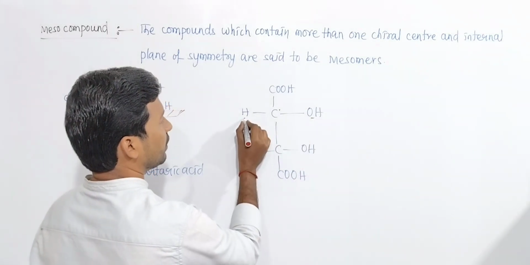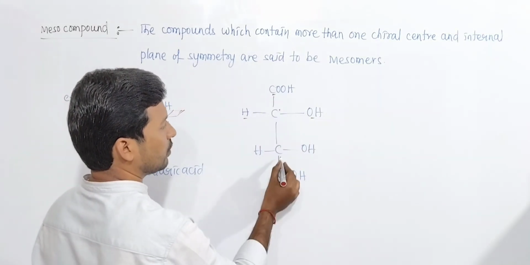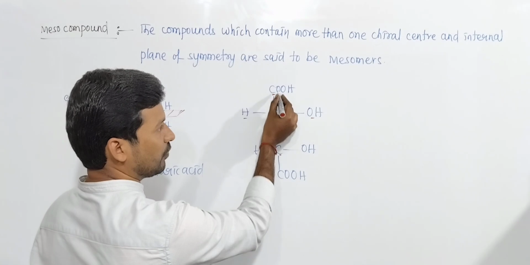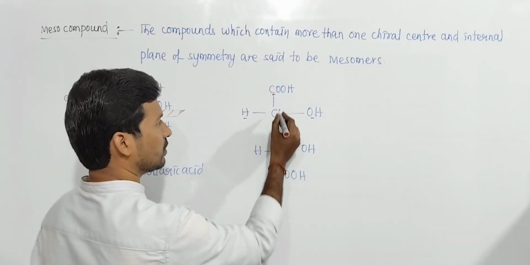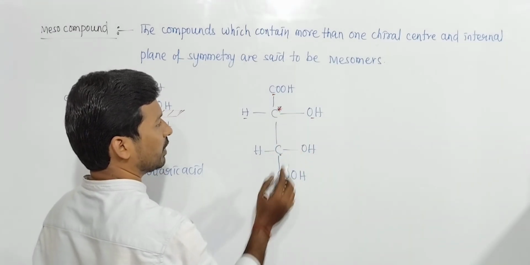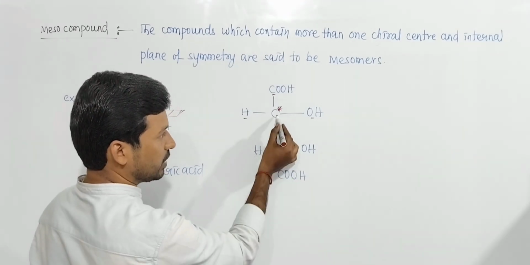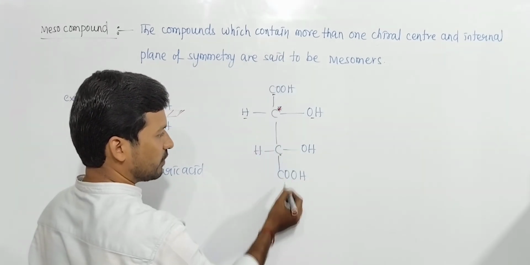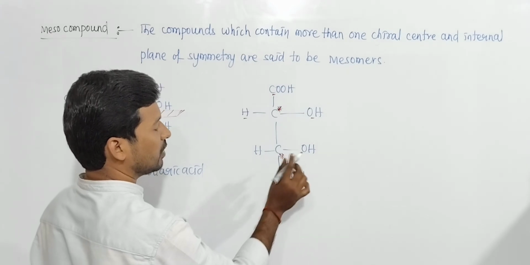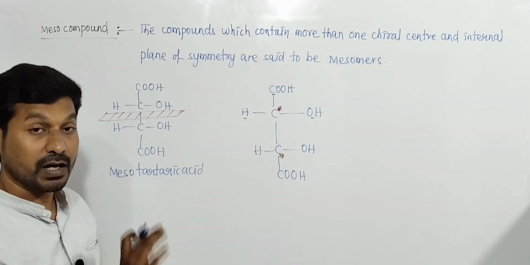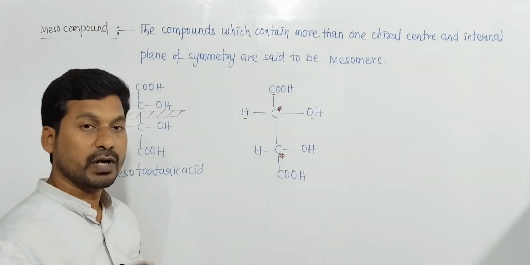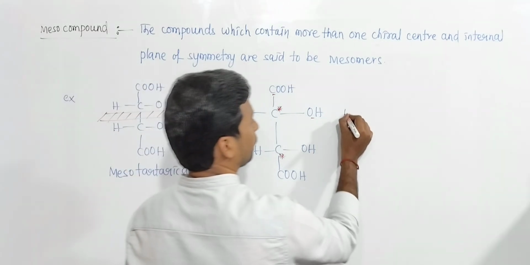OH group, H group, COOH group, CHOH. Different or not? Different. So chiral carbon. So this carbon, H here, OH here, COOH here, CHOH here. Top is different, bottom is different. This is also chiral. Two chiral carbons are present but optically inactive.